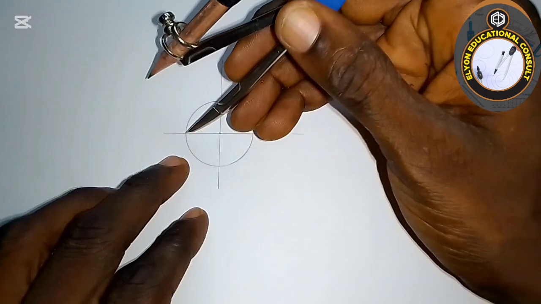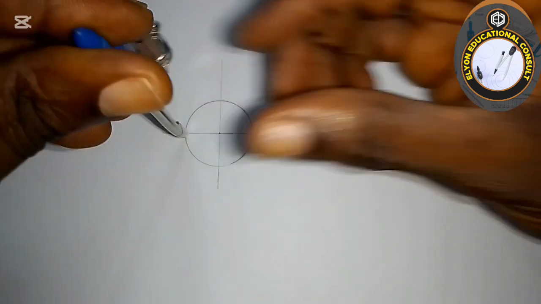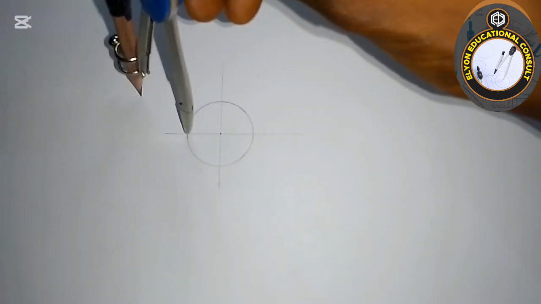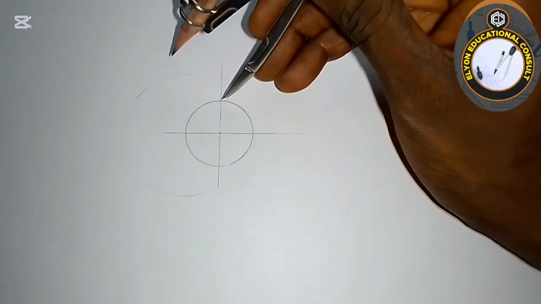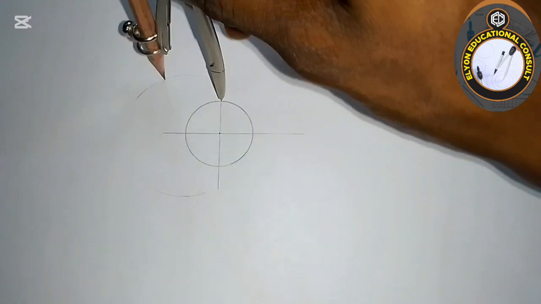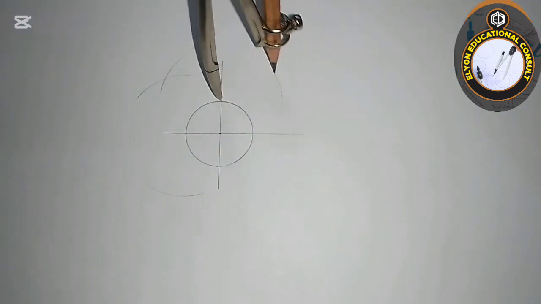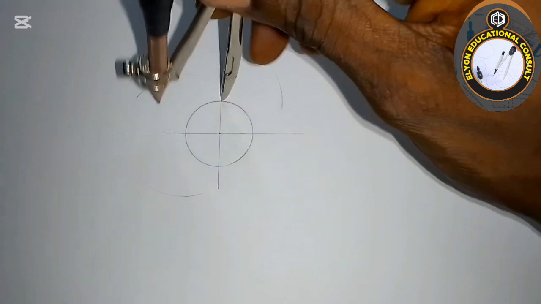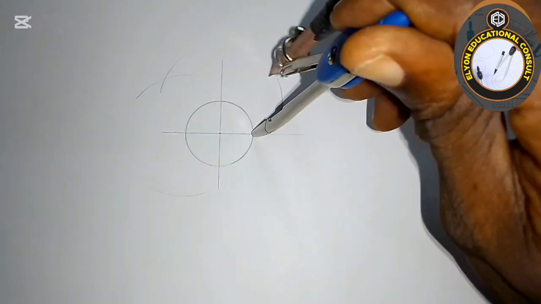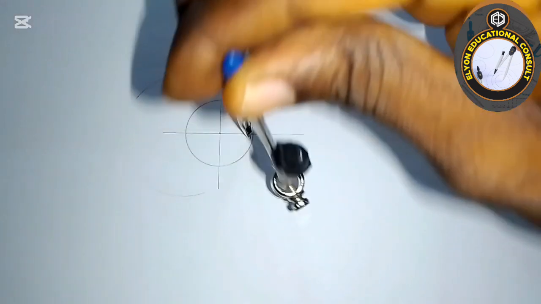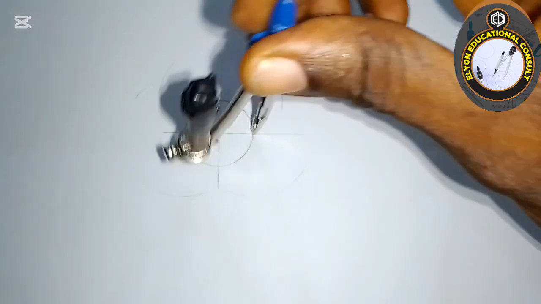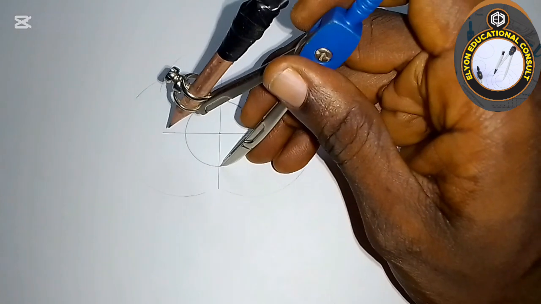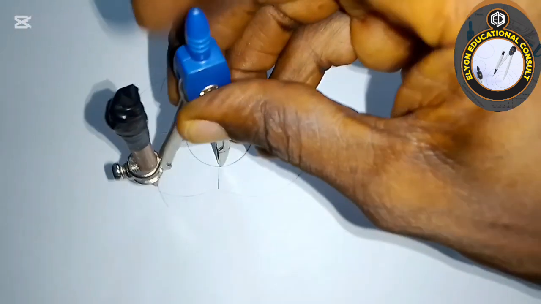If I'm to divide into 8 equal parts, all I will just do is bisect each of the angles. So if I draw this way, both up and down, place here, have this way, then here have this at both sides where the compass has shifted. Then place here, have this.